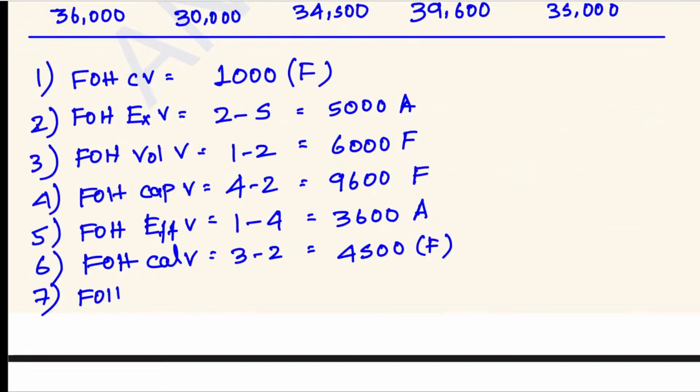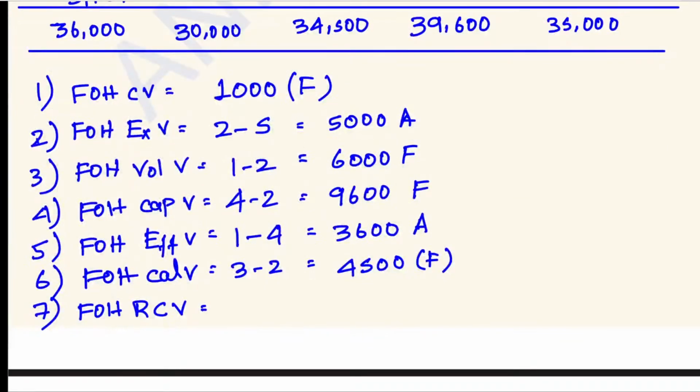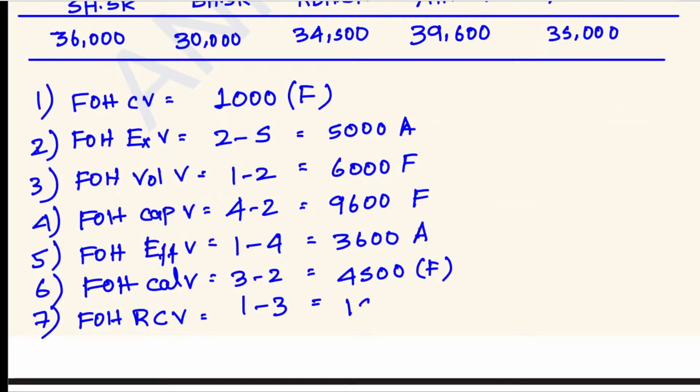Factory overhead revised capacity variance. So SH minus RBH. That means 1 minus 3. 1,200 minus 1,150, so 3,500 favorable.